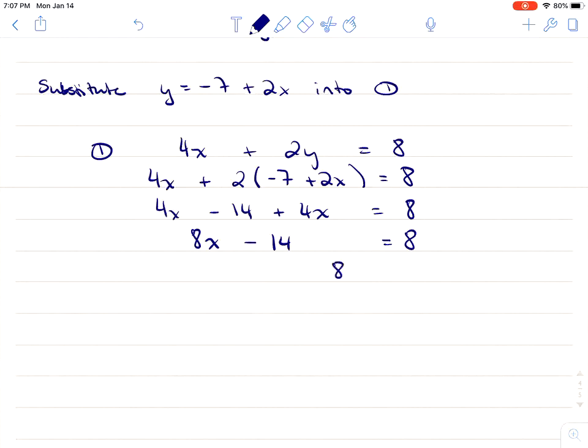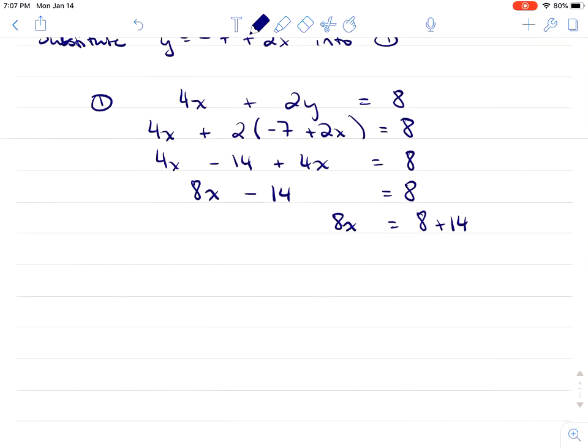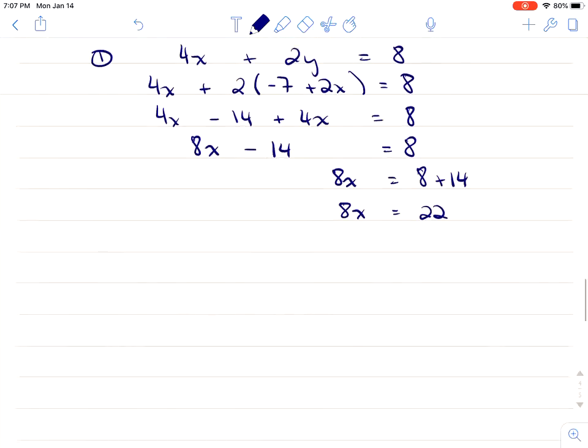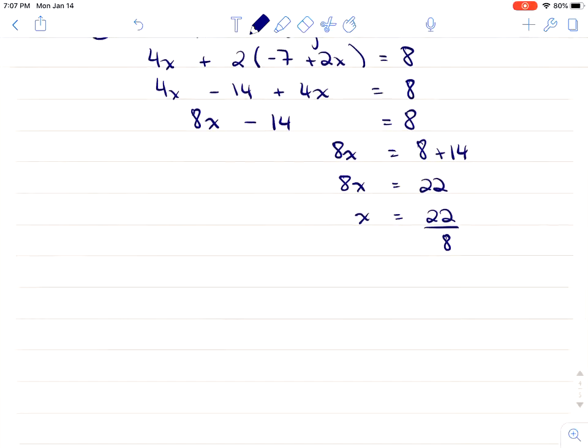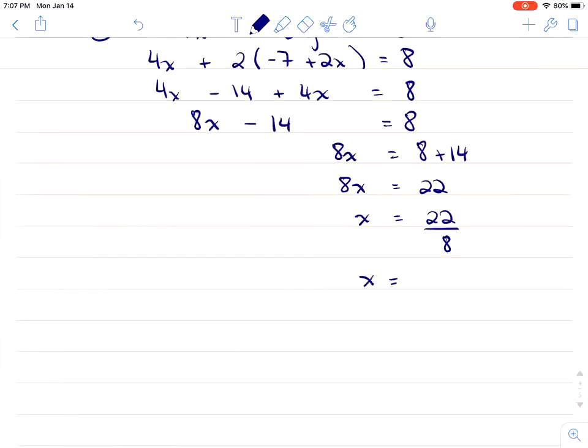So we get 8x is 8 plus 14, so we have 8x is 22. So x is 22 divided by 8. Divide both sides by 8, and we find that x is 2.75.